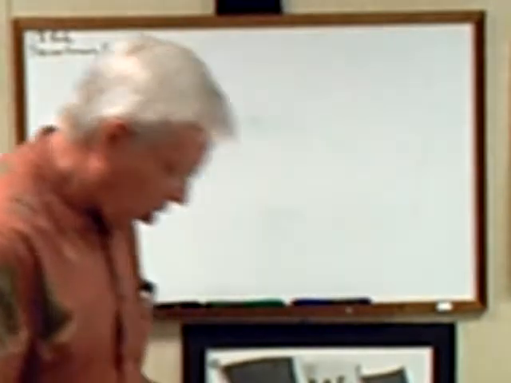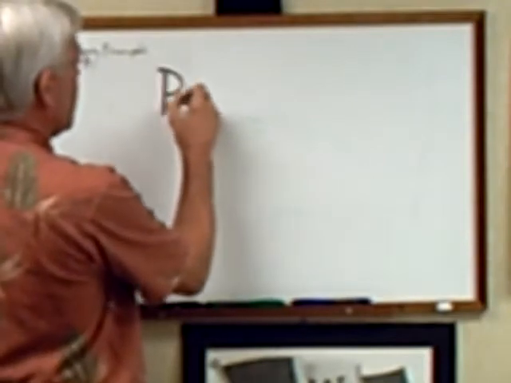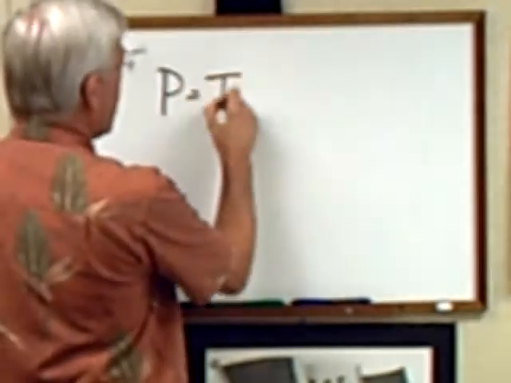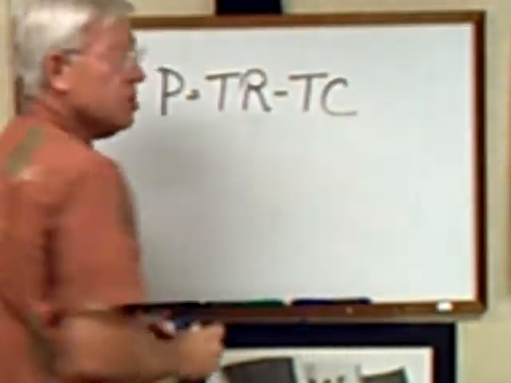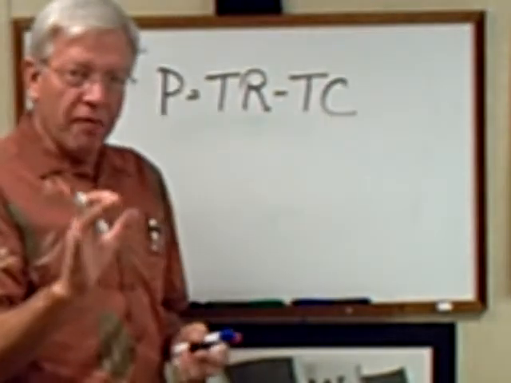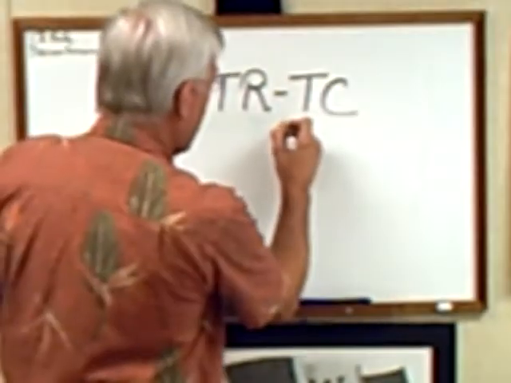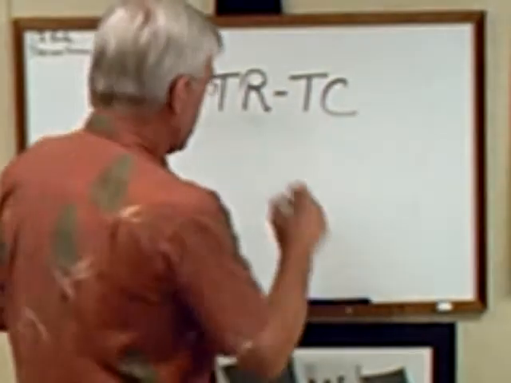Now let's take a look at what we mean by profit in economics. Profit is equal to total revenue minus total cost. Quite simple, right? Now, the one issue is that total cost in economics has several components.